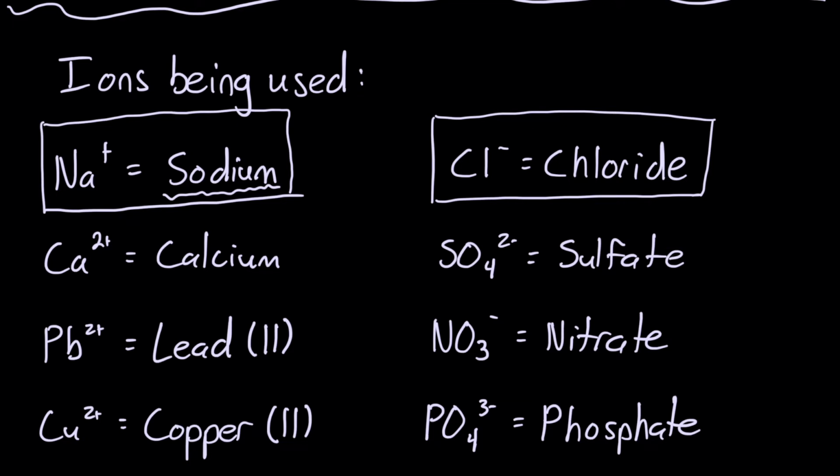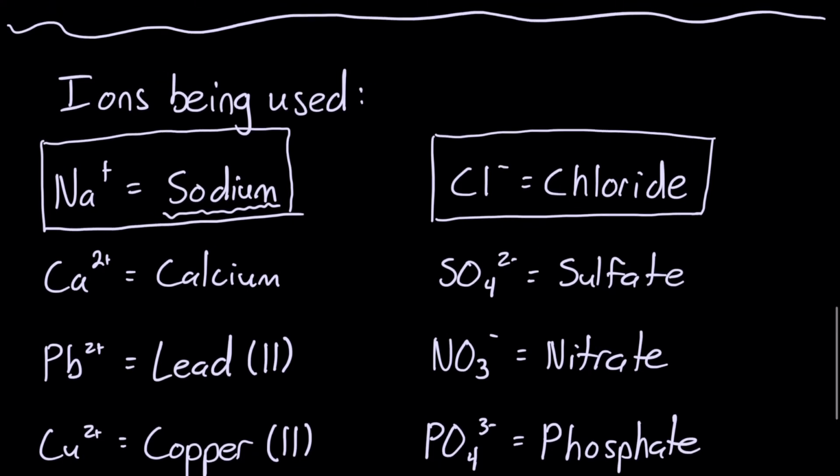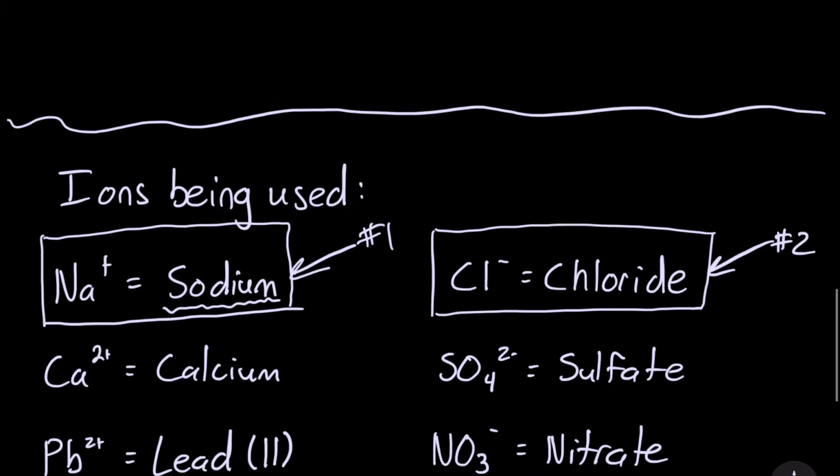Remember in the introduction to this video, we must name the cation first. So we must name sodium first, and I'll put a little number 1 here. This will be first, and chloride, because it's the anion, will be second.